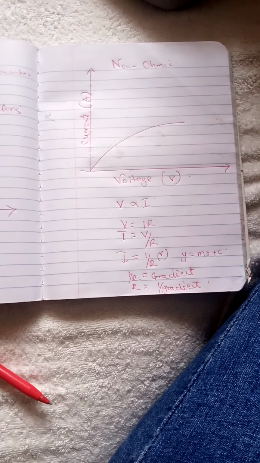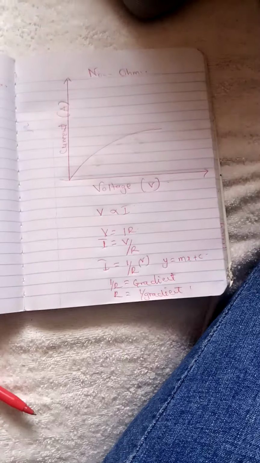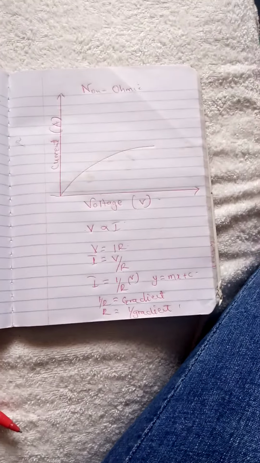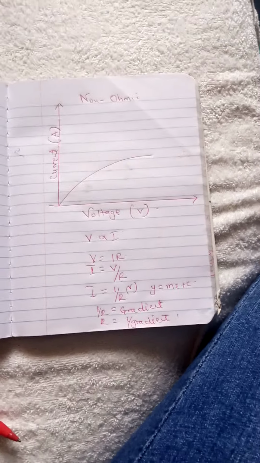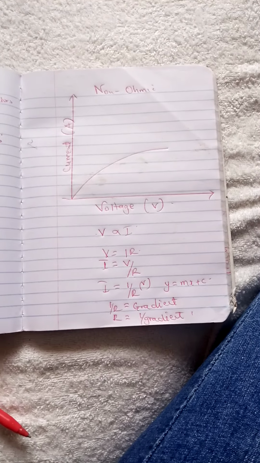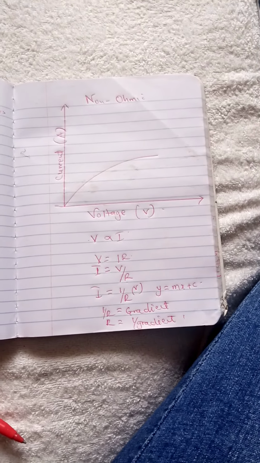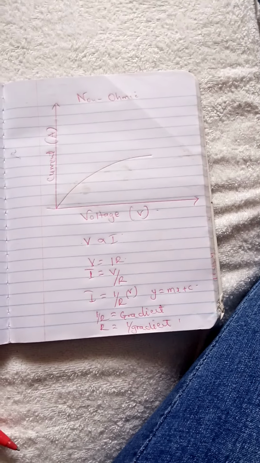What if the graph is not a straight line graph? For instance, now you draw the graph, you go to the lab, you carry out an experiment, maybe using a non-ohmic conductor, and the graph comes out, the current against voltage graph comes out to be what? A curve.